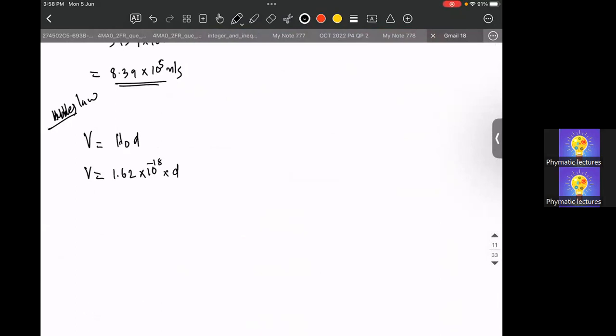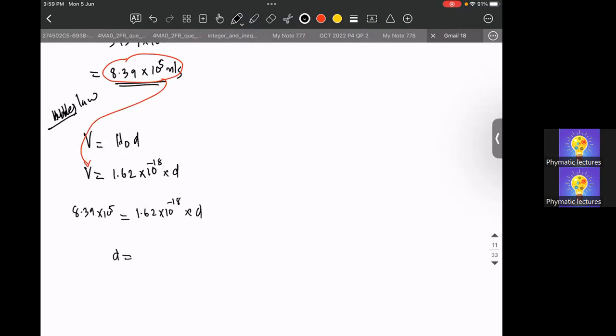Here we have already calculated the speed. We can calculate either speed using this or the distance using this. Anything is fine. Here I would like to substitute this value. That means 8.39 × 10^5 is equal to 1.62 × 10^-18 multiplied by d.